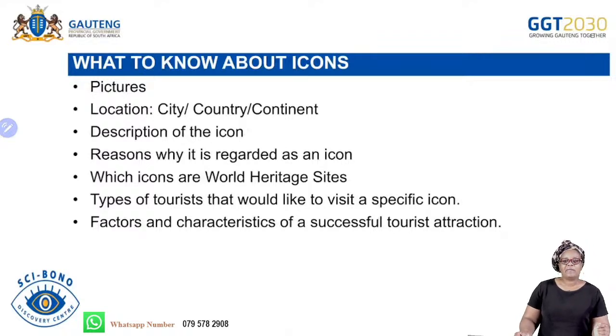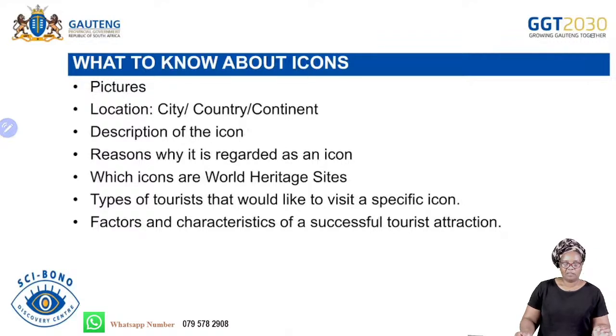And from the list of the 2024 icons, remember, you are not supposed to study any other icons beside the lists that you have been given. There are only 13. You focus on that. You need to know from the 13 which icons are World Heritage Sites. You need to know which icons are the World Heritage Sites.